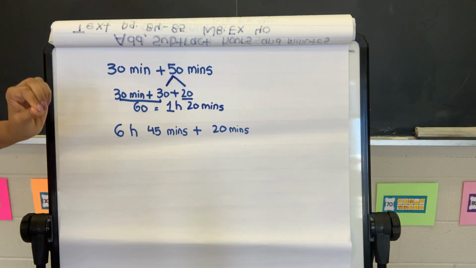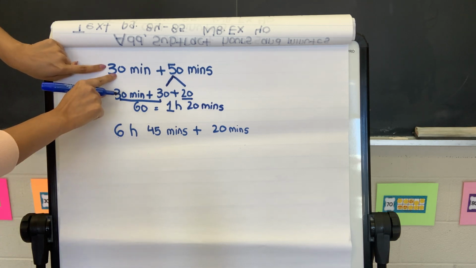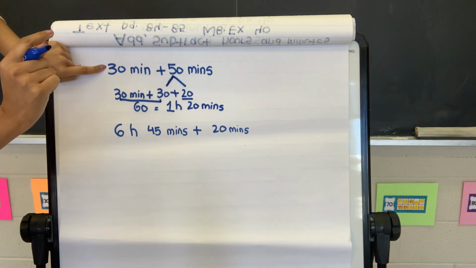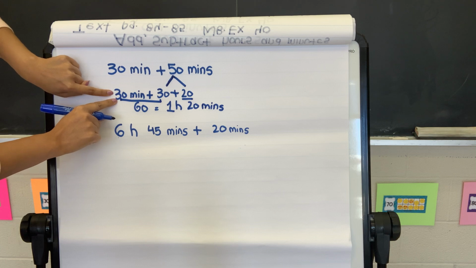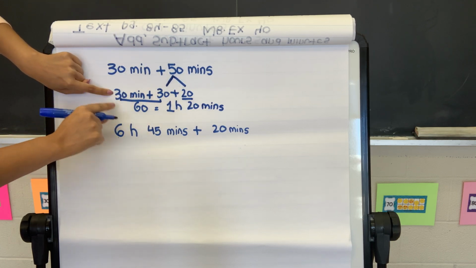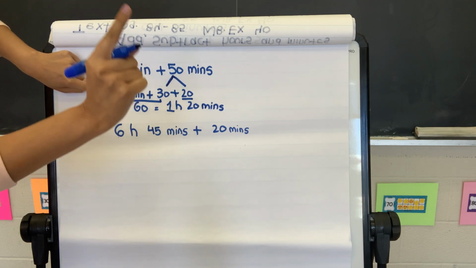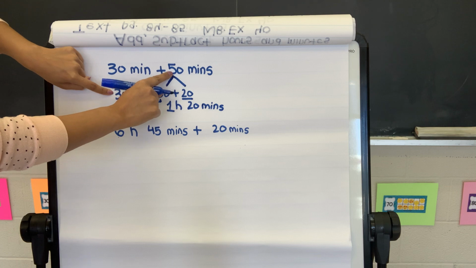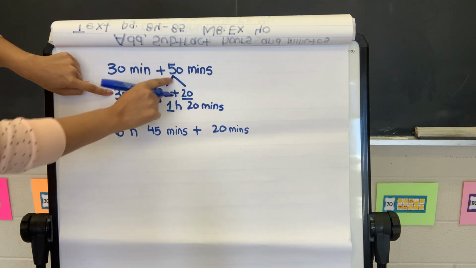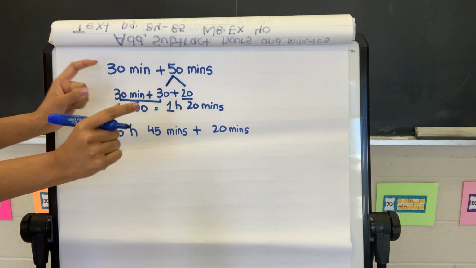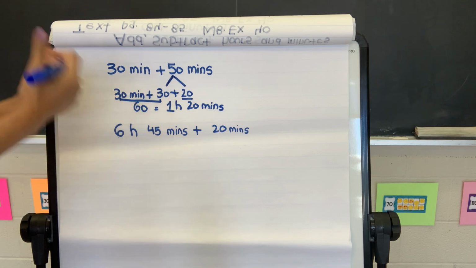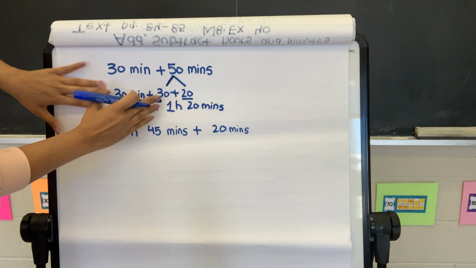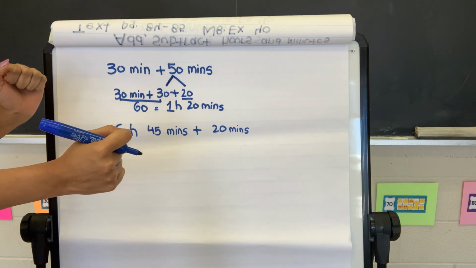Okay, I'm quickly going to review this one again. So I had 30 minutes and I had 50 minutes. And I asked myself, if I have 30 minutes here, what do I need to make it into 60 so that it becomes an hour? So I borrowed 30 out of the 50 first. This was just to help me, right? We can do it any way we like, but this helps us understand.